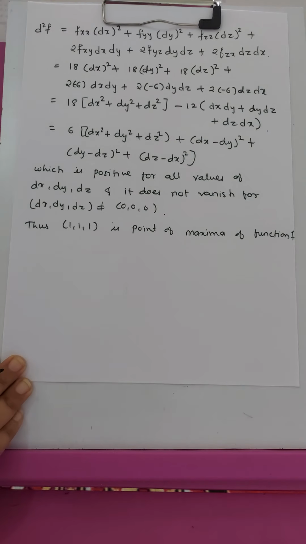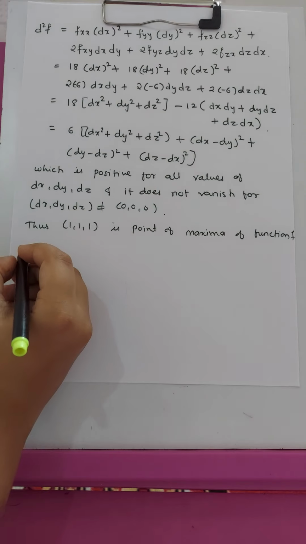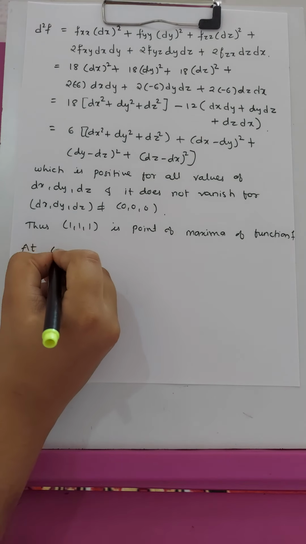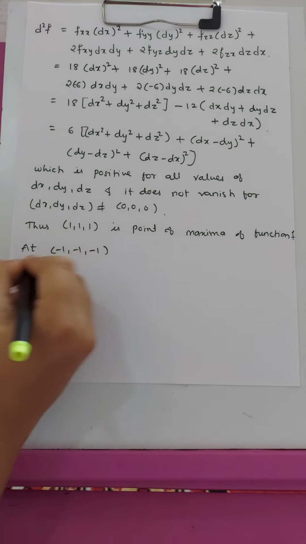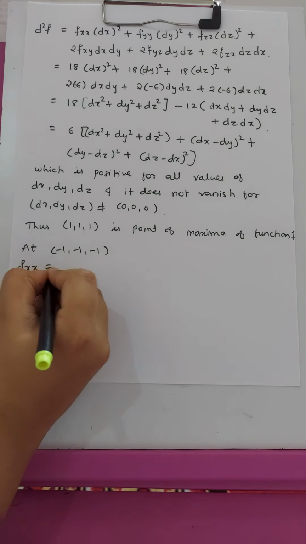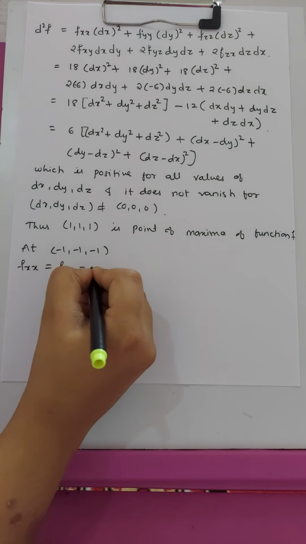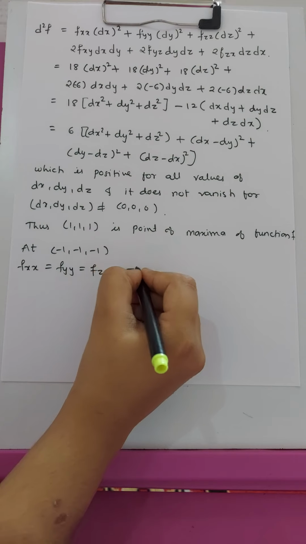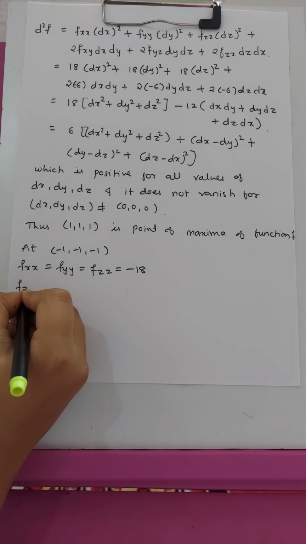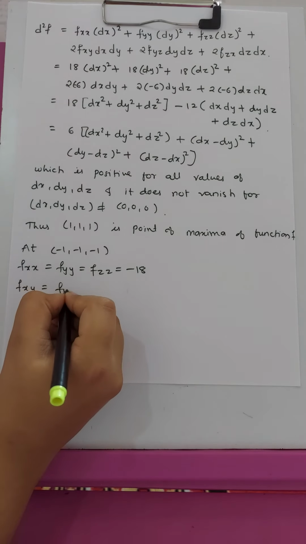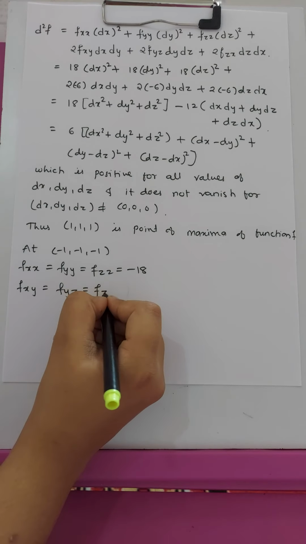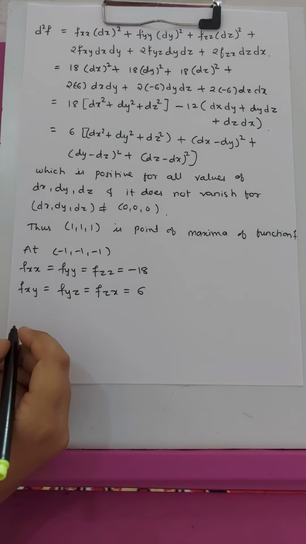Now we will check for the point (−1, −1, −1). So at (−1, −1, −1), the values of f xx, f yy, f zz are equal to −18, and f xy, f yz, f zx are equal to 6.